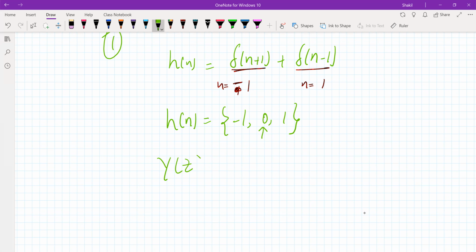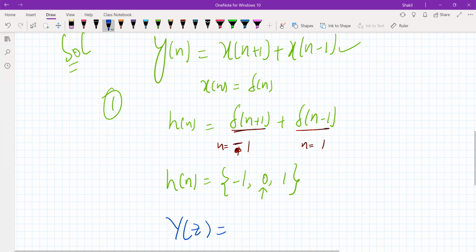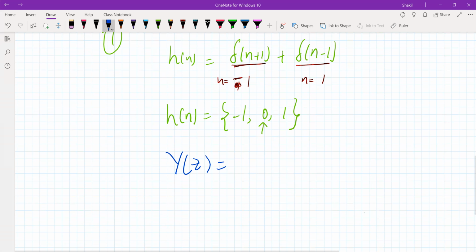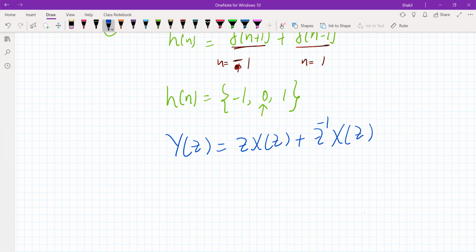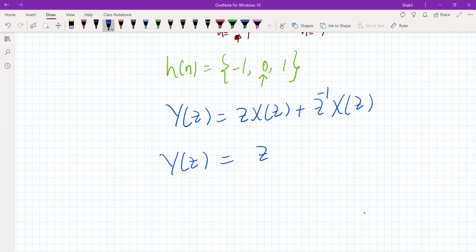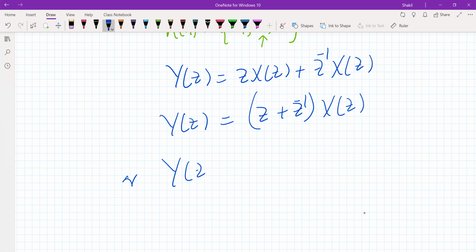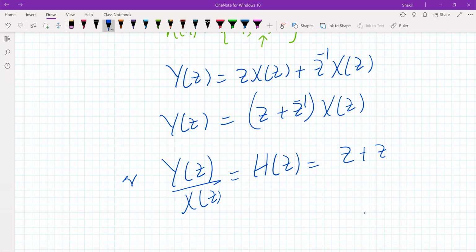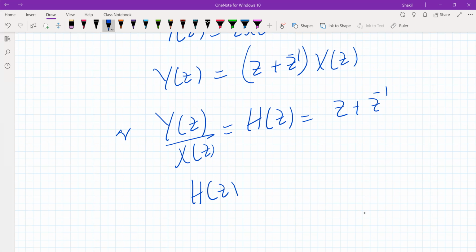This will give us y of Z equal to Z x of Z plus Z raised to power minus 1 x of Z. So y of Z is equal to Z plus Z raised to power minus 1 times x of Z. Dividing y of Z by x of Z gives the transfer function of this system, h of Z equal to Z plus Z to the power minus 1. So this is the transfer function of this system.